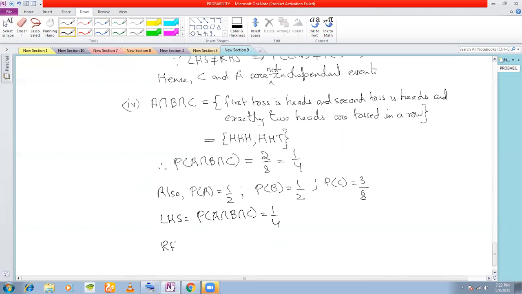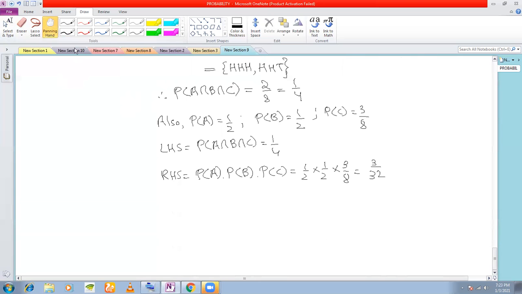RHS, PA into PB into PC, so half into half into 3 by 8. So this is 3 by 32. Are they equal? They are not equal. That means A, B, and C are not independent events, they are dependent events, since LHS is not equal to RHS.